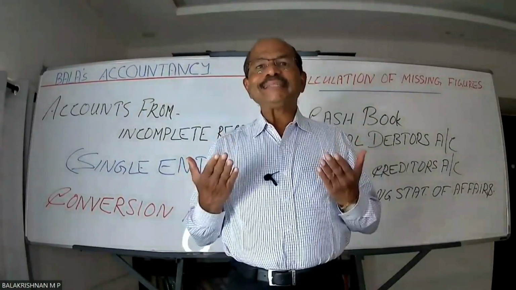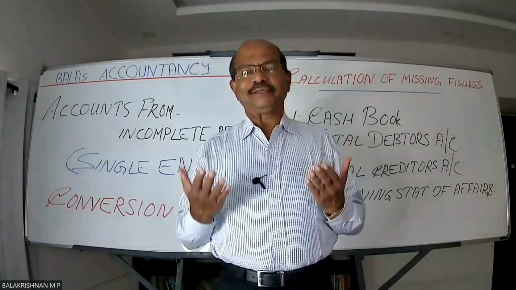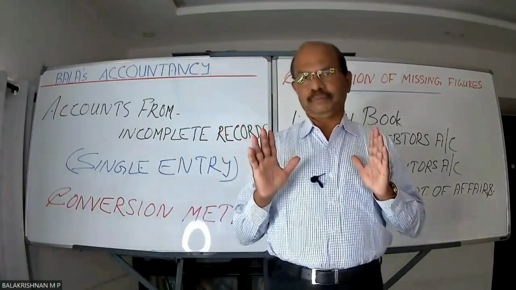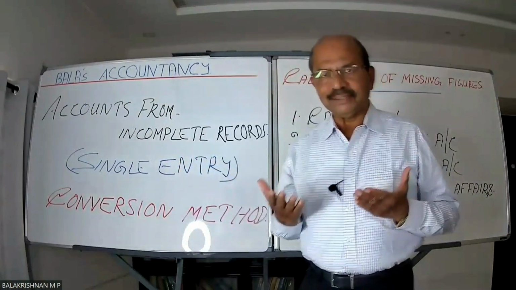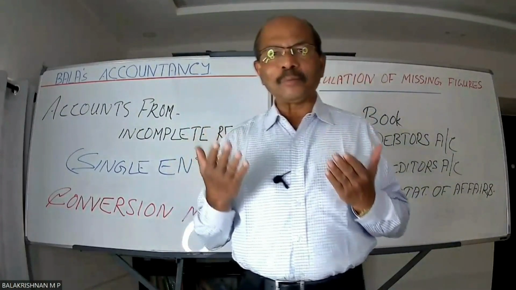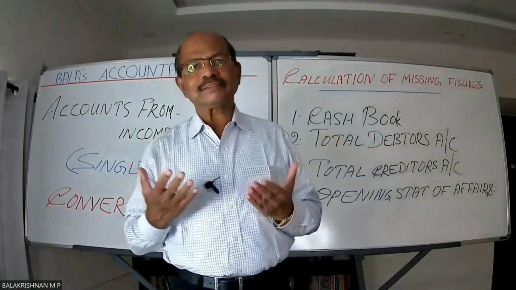However, this method does not provide a clear picture of the operational results of a business. It does not give information about sales, purchases, gross profit, operating expenses, etc. of the business.